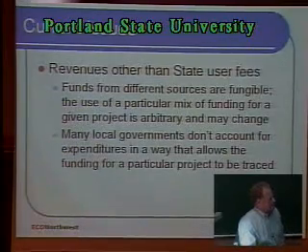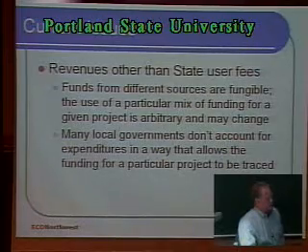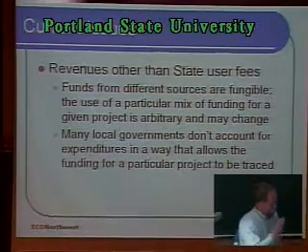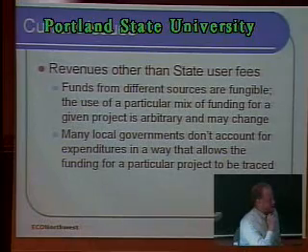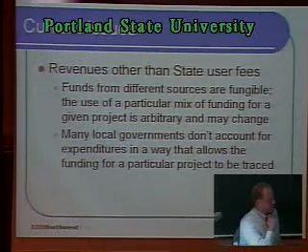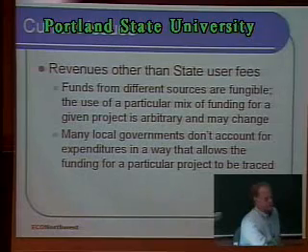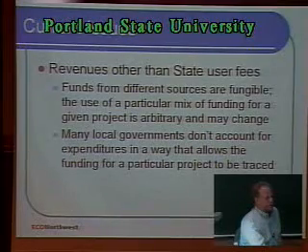Another big issue is revenues other than state user fees. Since the purpose of the study is to allocate the state user fees, it often doesn't seem quite right to be including all of these funds from other sources.